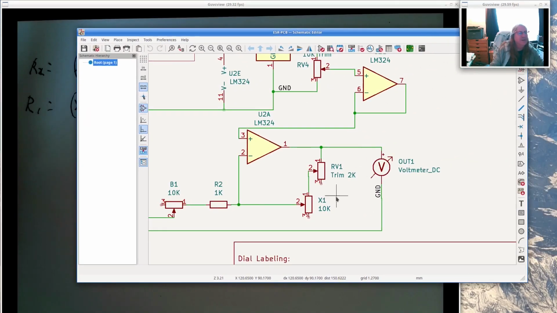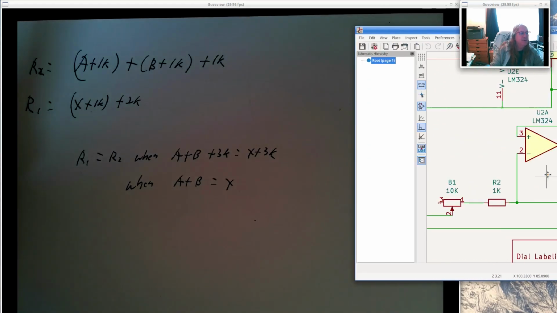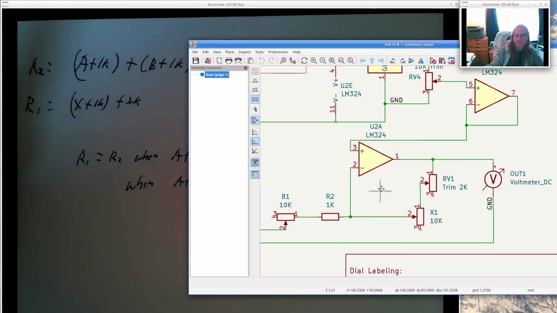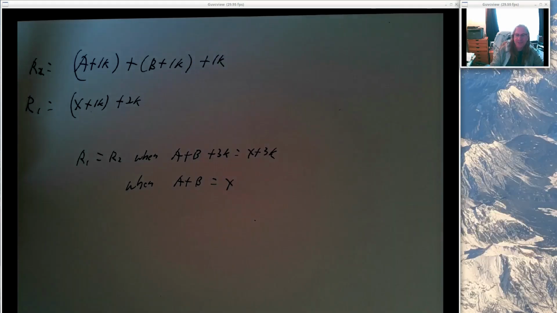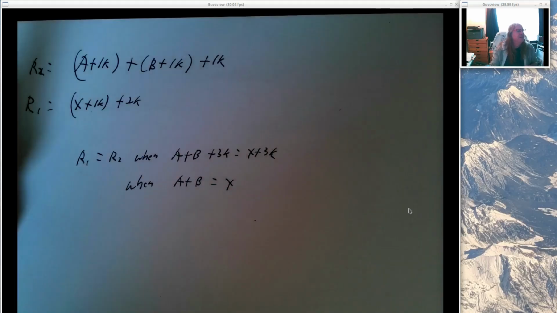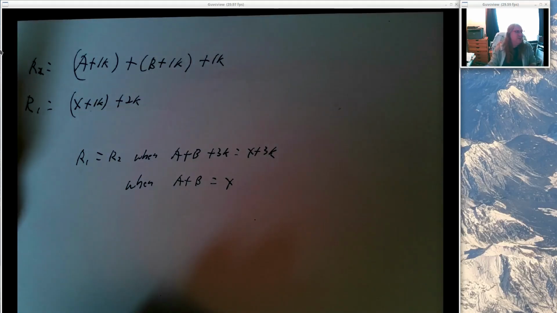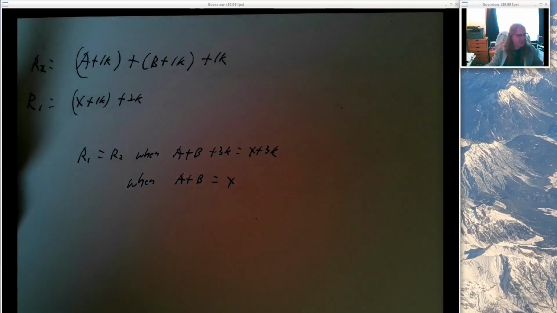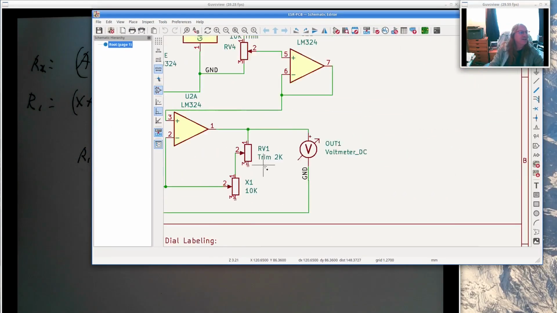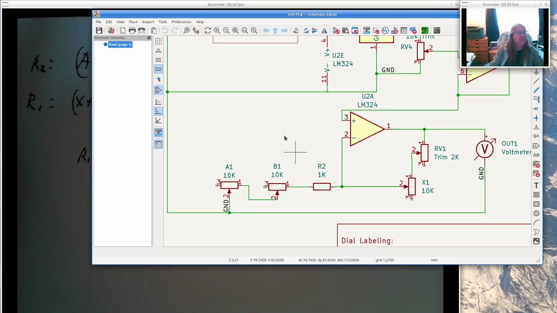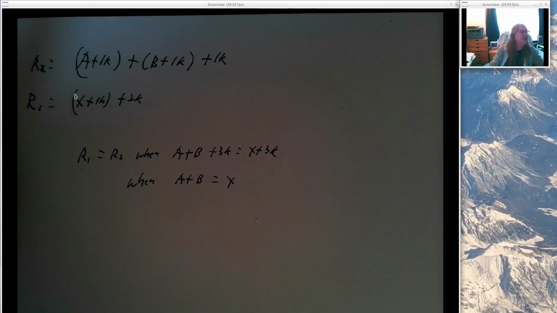Because we've got our output X, and we've got an extra 2K, and I'm always going to add 1K to these potentiometers for reasons I'll talk about in a minute. And then R2 is going to be my A potentiometer plus a K, B potentiometer plus a K, plus an extra 1K over here, right there. And so my total resistances are A plus B plus 3K and X plus 3K. And those will be equal when A plus B is equal to X.